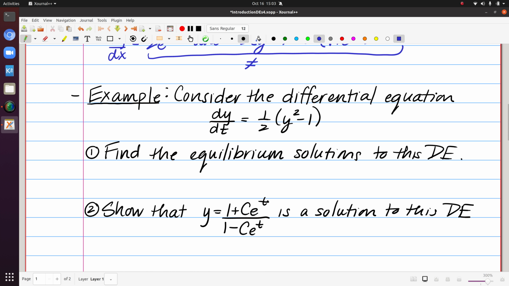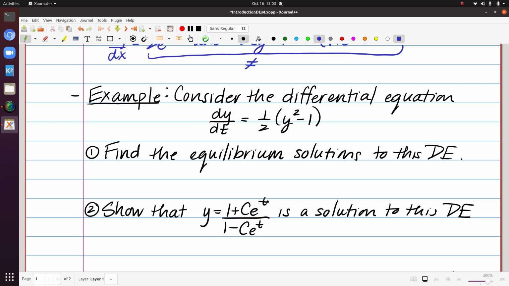So here, we're not given any potential solutions, so the approach will be different. I guess in question 1, we're not given any solutions. Here we're asked for the equilibrium solutions. And recall that that is much easier than coming up with the general solution.